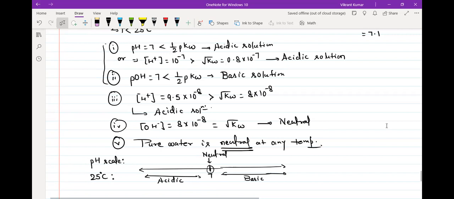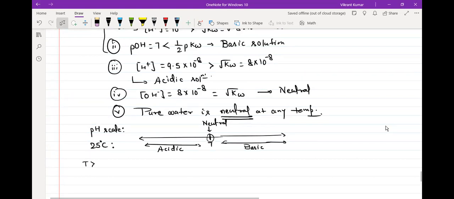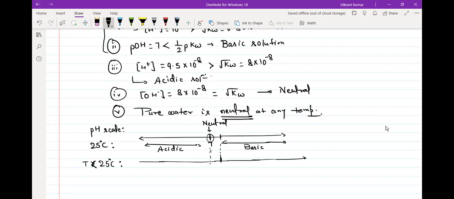Now we just saw that as soon as I made the temperature less than 25 degrees C, you can see that this point, the value of half pKw, has shifted, like 7.1 has come. This is the new neutrality point. Is it okay? So this is half pKw now. This time half pKw was equal to 7. Now it has become greater than 7, and that's why all this region including pH equals 7 has become acidic.